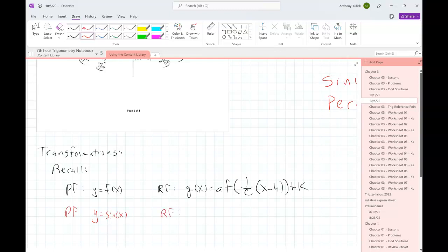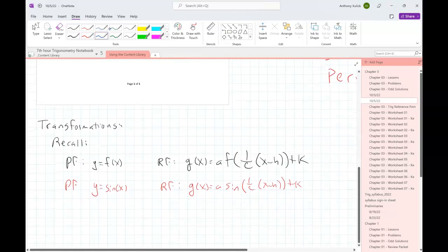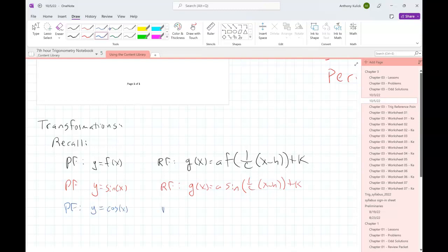So my resultant function would be g of x equals a times sine of 1 over c times (x minus h) plus k. And also where my parent function is cosine. In that case, the resultant function would be g of x equals a times cosine of 1 over c times (x minus h) plus k.